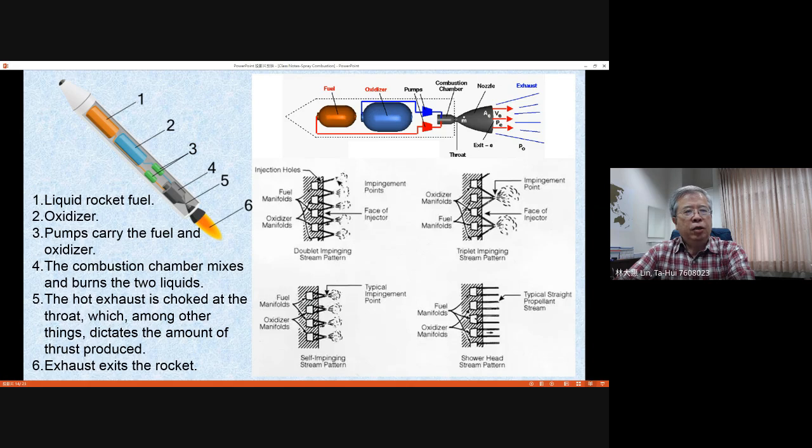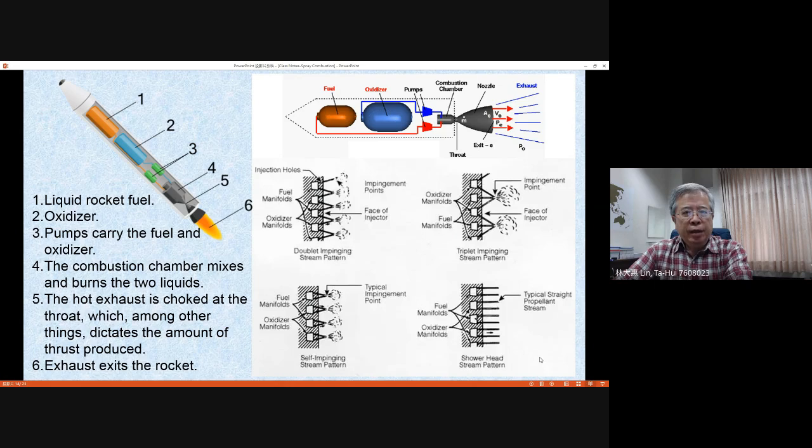For this case, we call this self-impingement, which has some distinction compared with the previous two. The previous two always have a stream of oxidizer and another stream of fuel impinging together. But for this one, the impingement is caused by streams that belong to the same liquid, fuel or oxidizer. They impinge by the two holes injecting together.